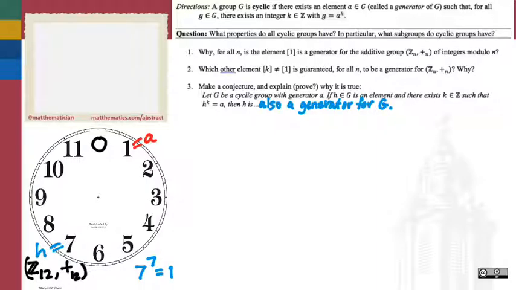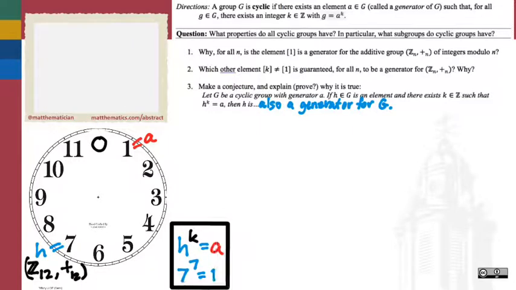This equation down here is playing the role of the observation H to the power K equals A. So that's what's going on here. All right, so then my question is, how can we use that observation that it takes 7 H's to make an A, in this example?